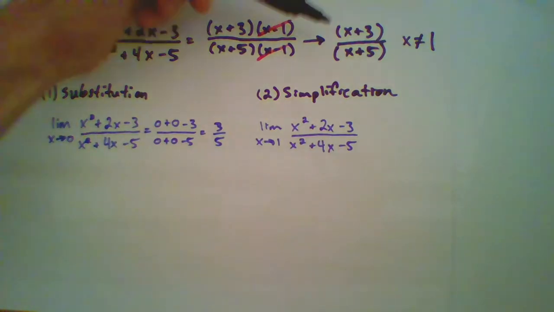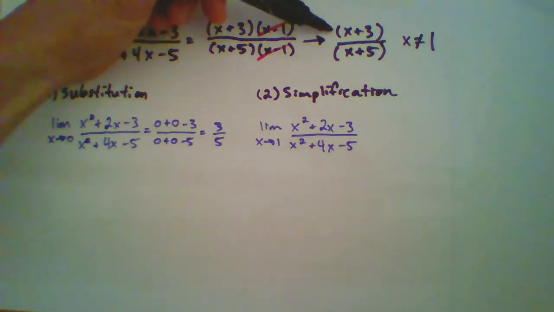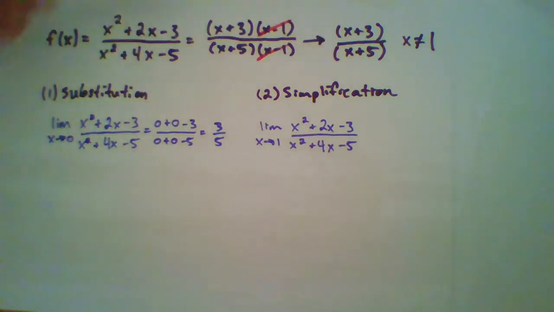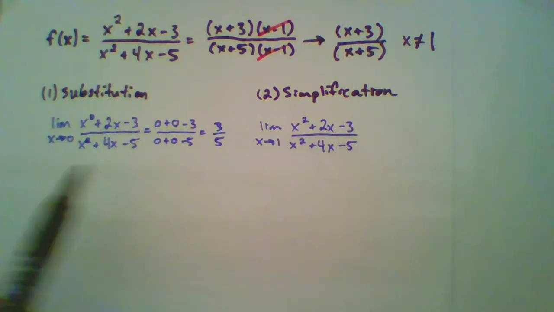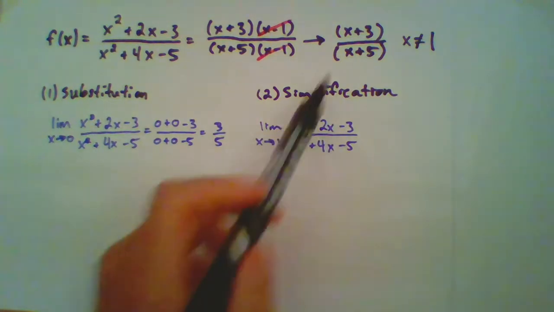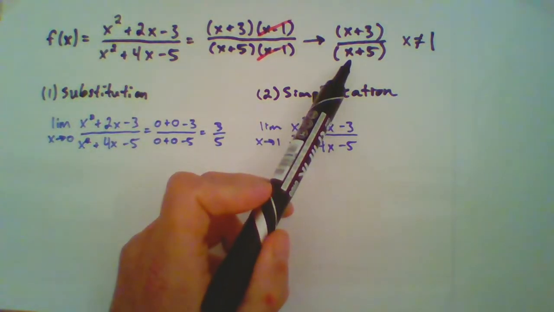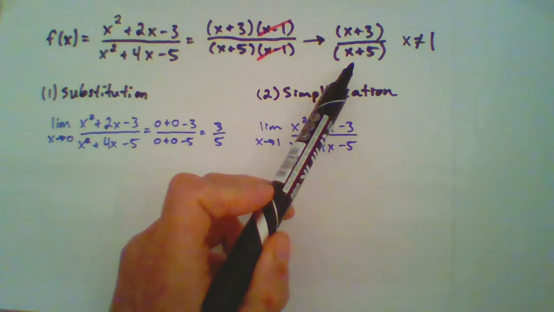Like I said, this function approximates our original function. The only time when it doesn't work with our original function is when x equals 1. So that means we can make a graph of the original function by graphing this function, but then we just have to leave a little hole when x is equal to 1.